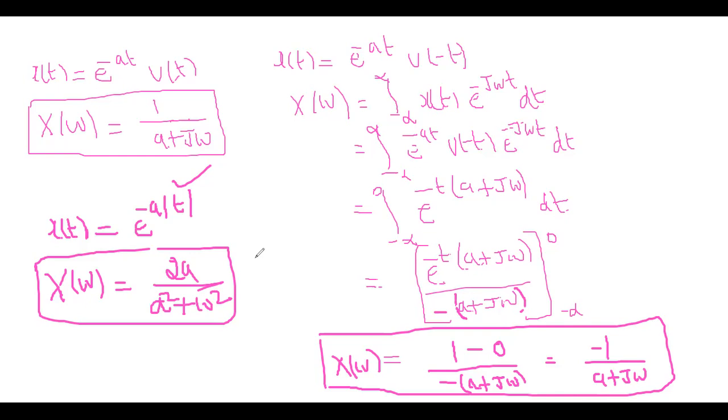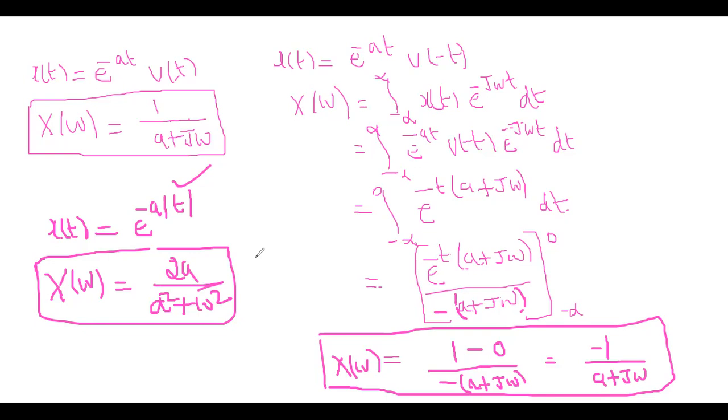Have to remember this is the standard Fourier transformation of arbitrary signals, or the standard signals. Now coming to all the exponentials we receive: e power minus at mu of t, e power minus at mu of minus t, and e power plus at mu of t, and e power plus at mu of minus t.